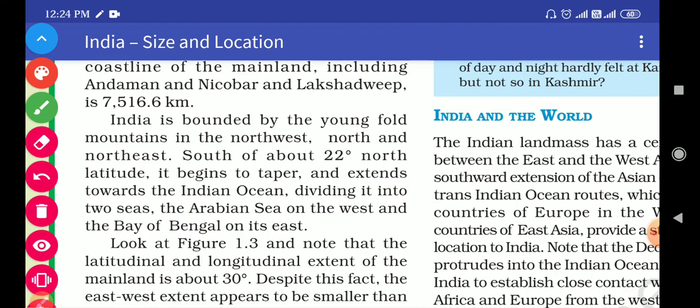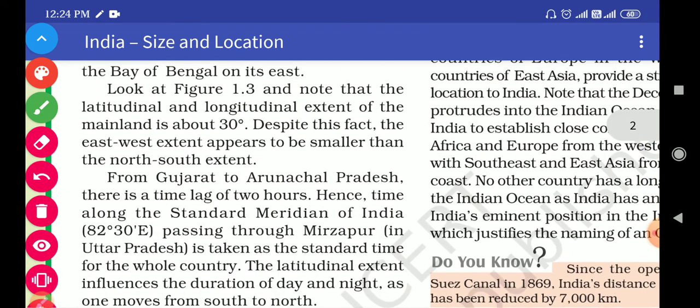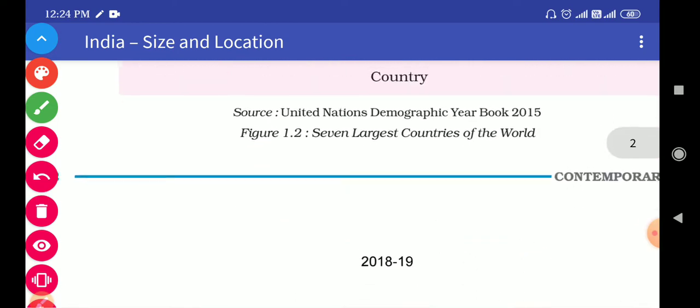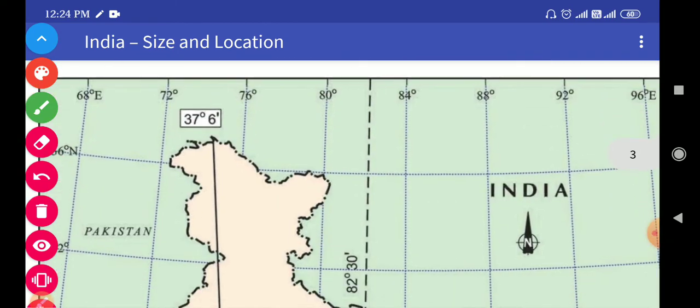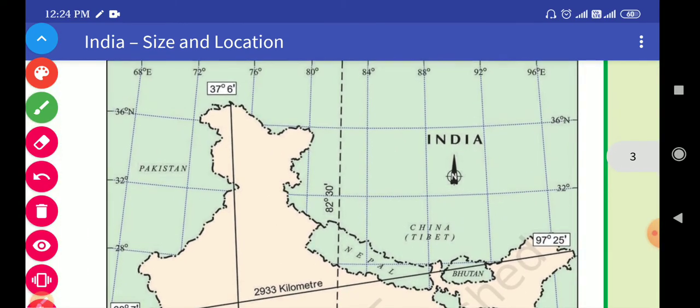So once again I would like to explain this paragraph with the help of the map. See the map of India. It is said that the Himalayan Mountains, which lie in the northernmost part of India, are also termed Young-Fold Mountains.